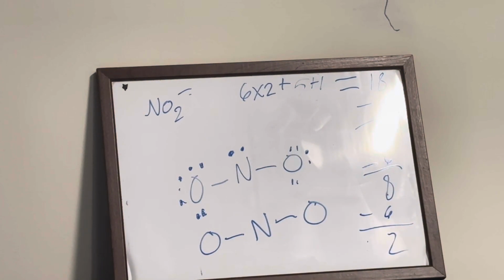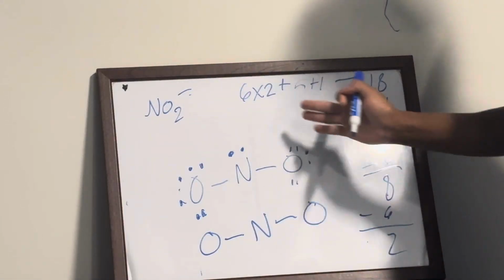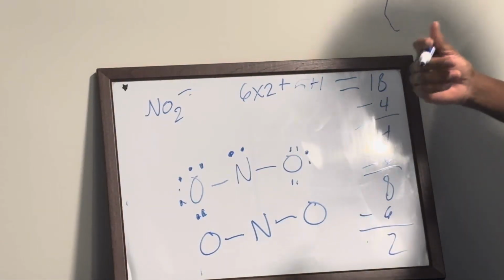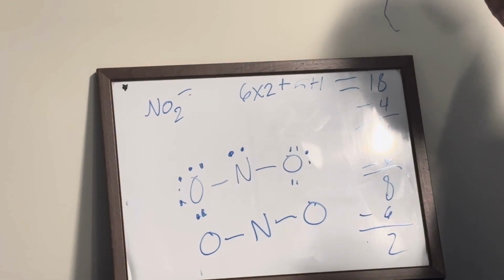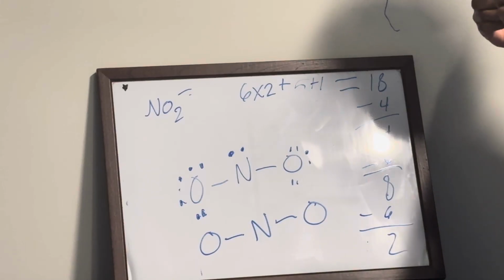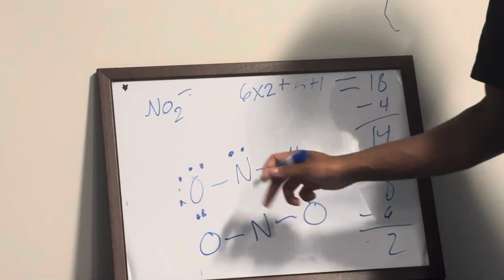I just want to make sure. Okay. Let me make sure that you can see it. Oh, you can. Good. Okay. All right. So then what we do is we have our electrons, and we know that there's not enough electrons in order to fill this octet, right?